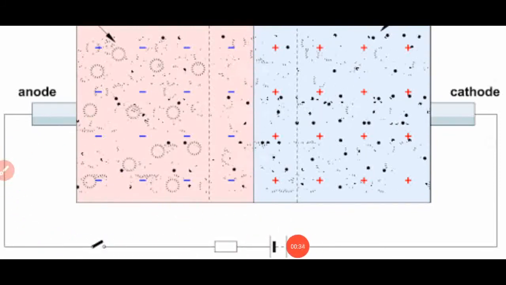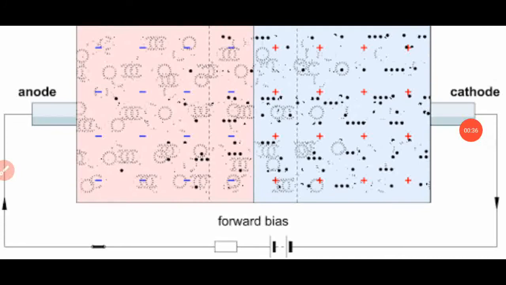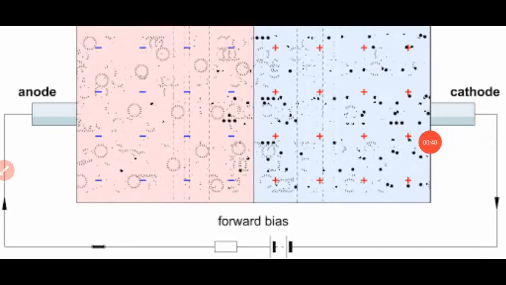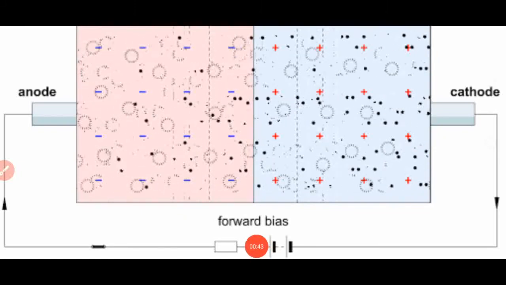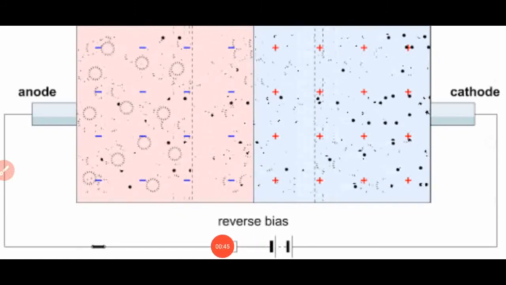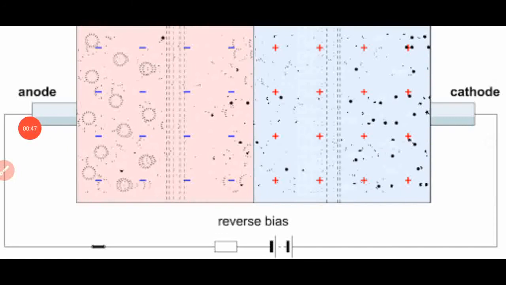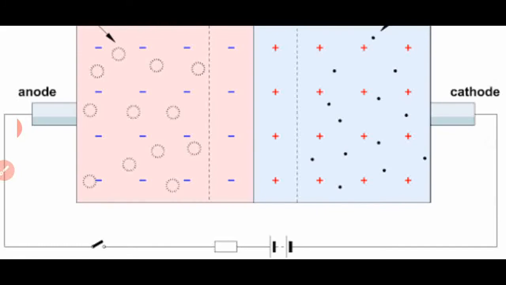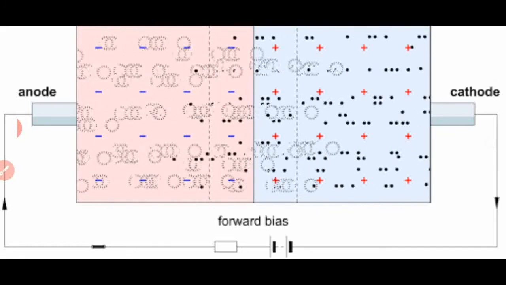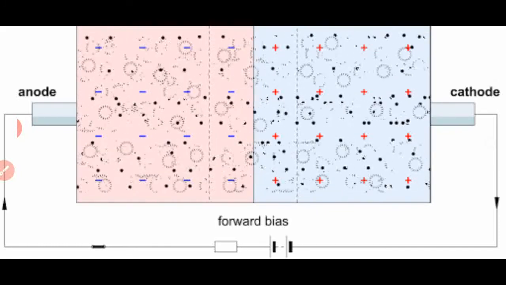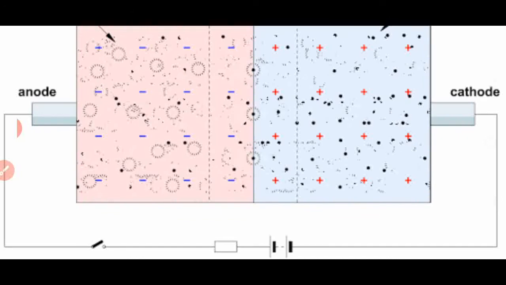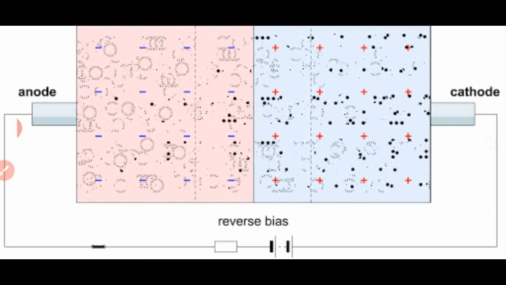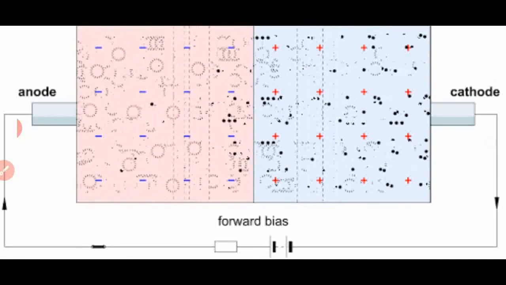In the reverse bias, positive is connected to the negative, and negative is connected to the positive. In forward bias, we will get the current, and the current is due to the electrons. In the reverse bias, the diode will block the current. We will not get any type of current.